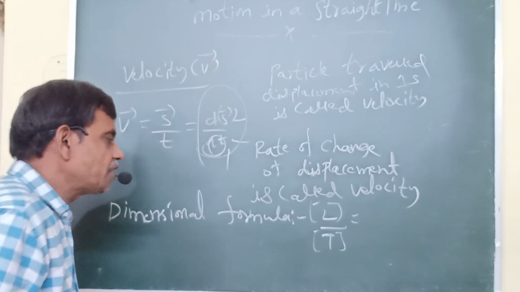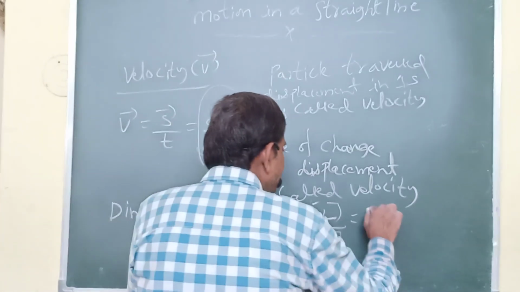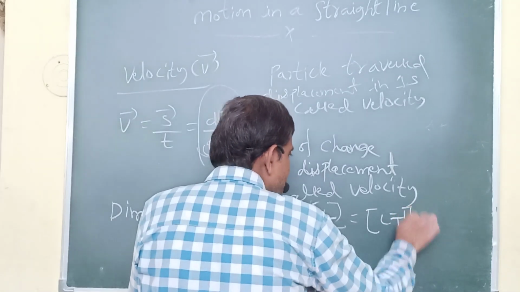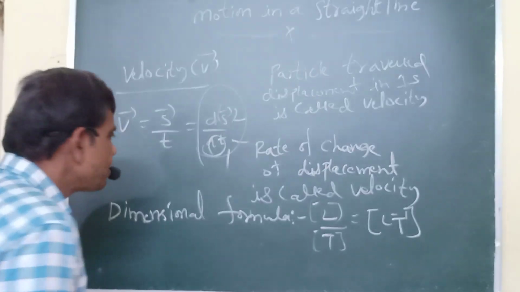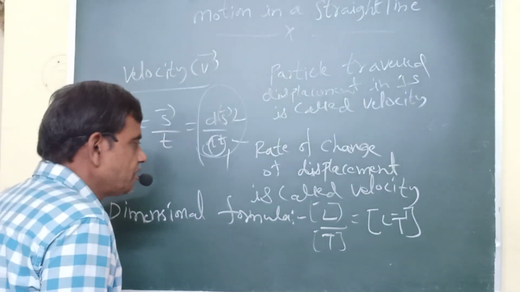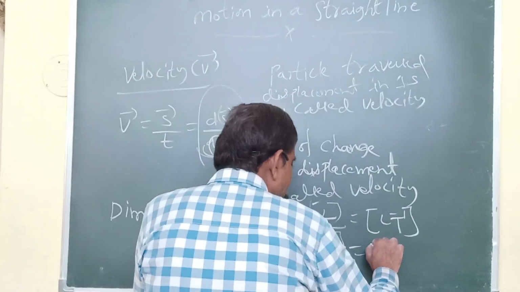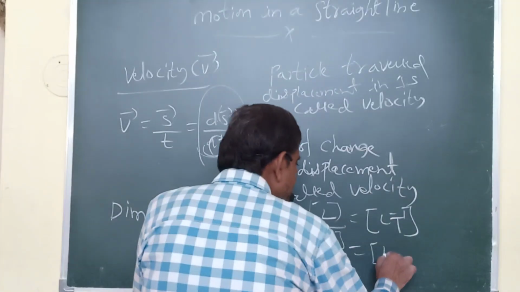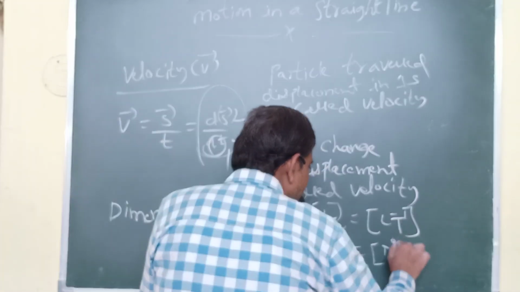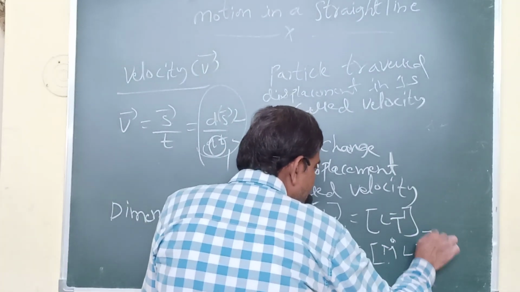T coming upward, then what happens? T power minus 1. Totally what I am writing here? LT power minus 1. Generally dimensional formula is written in MLT. Here M not mentioned, not affected. So I am writing as M power 0, L T power minus 1.